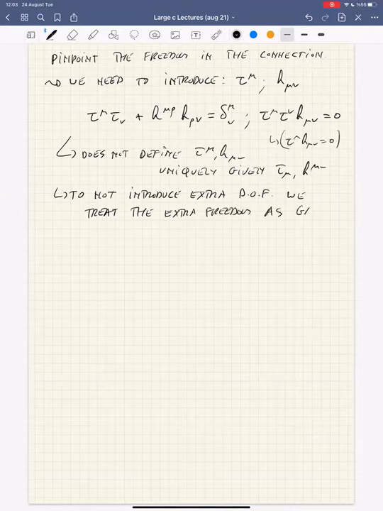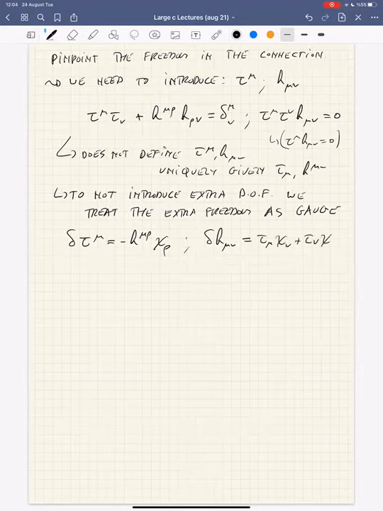So I'm just going to introduce a gauge symmetry that removes these extra degrees of freedom. Infinitesimally, δτ^μ is equal to, so they will transform like this. Here I have χ, my gauge parameter, and this thing, tau^μ plus tau^μ.